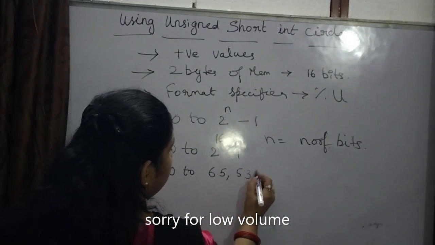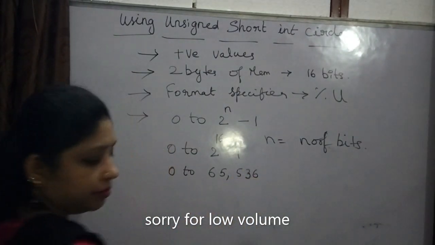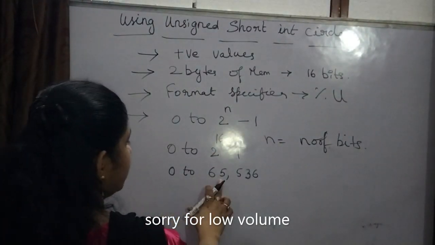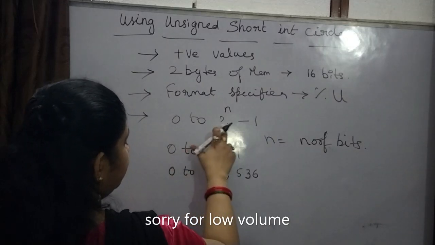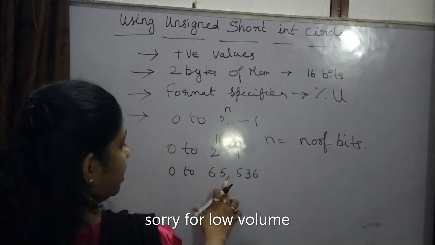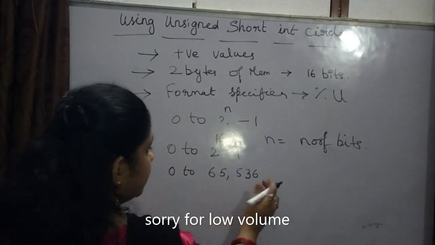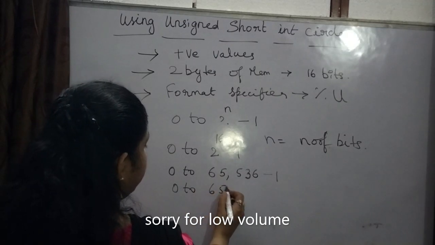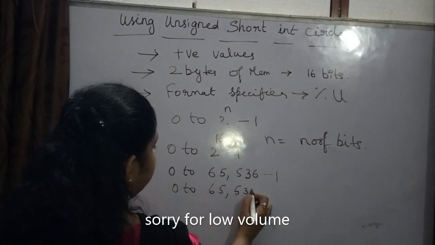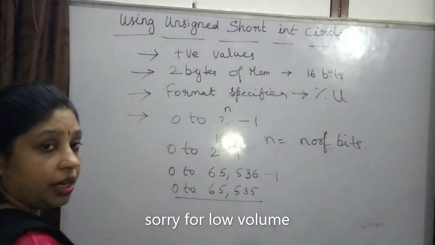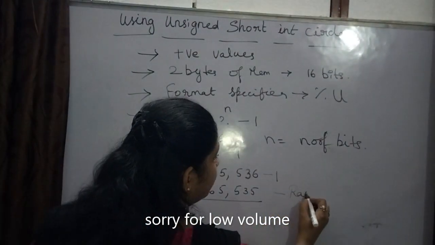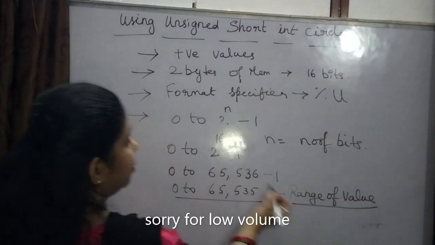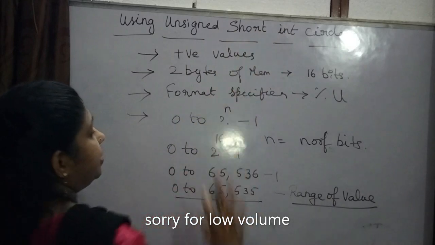If you calculate 2 to the power of 16, it comes to 65,536. Minus 1 gives 0 to 65,535. So this is the range of values for the unsigned short int data type.